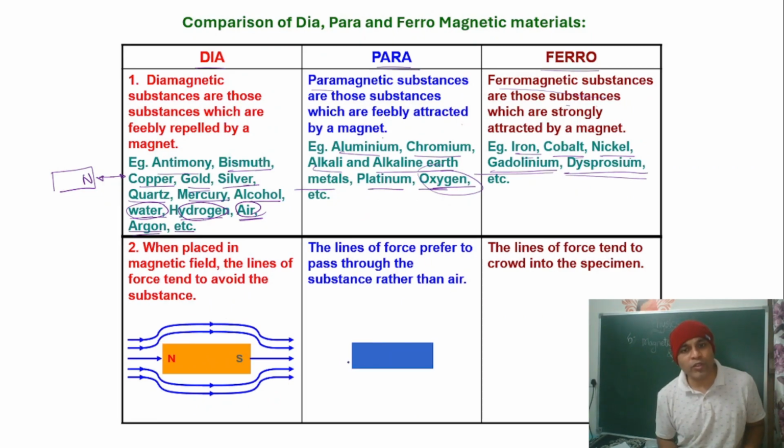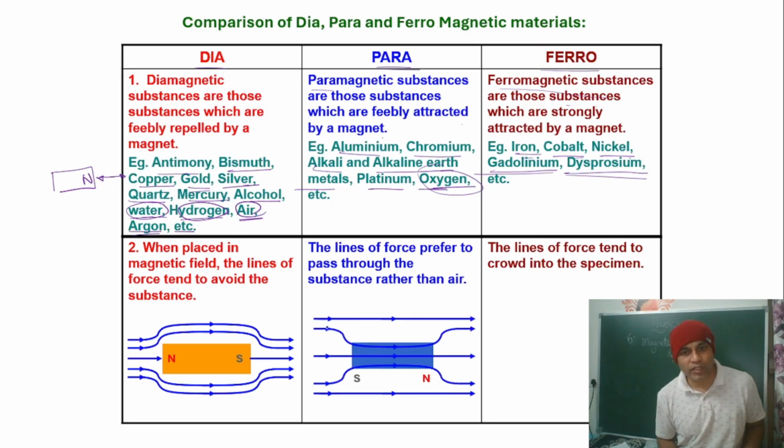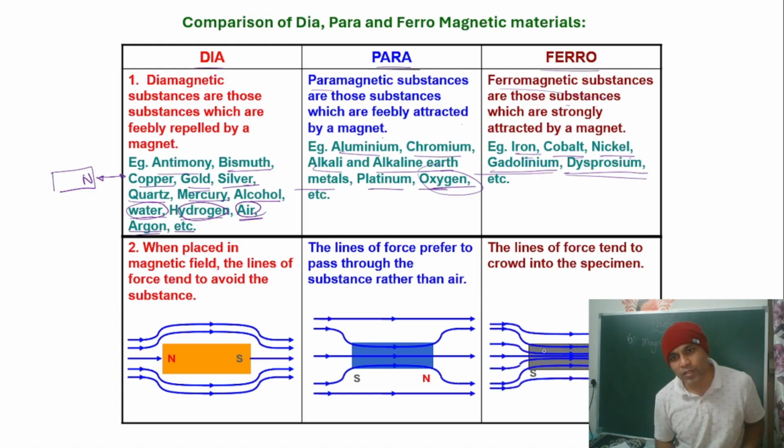You can see it is passing through the material, though some will go outside. In ferro, the lines of force tend to crowd into the specimen, because it is strongly attracted, so obviously as many lines of force as possible will pass through this material.